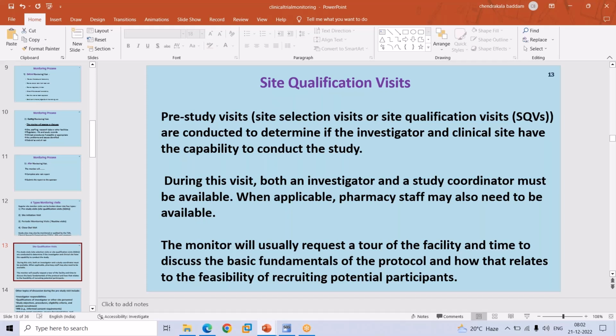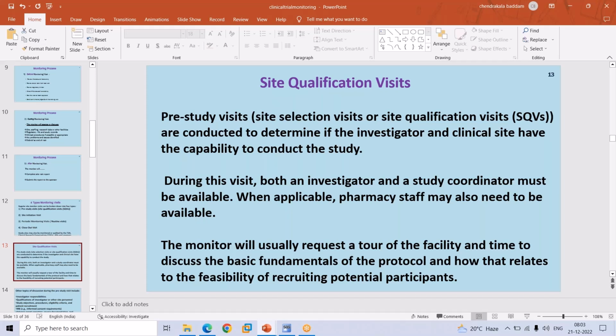We'll check whether the site is capable of conducting the study. So these visits are conducted to determine if the investigator and site have the capability to conduct the study. During this visit, the investigator and coordinator must be available.